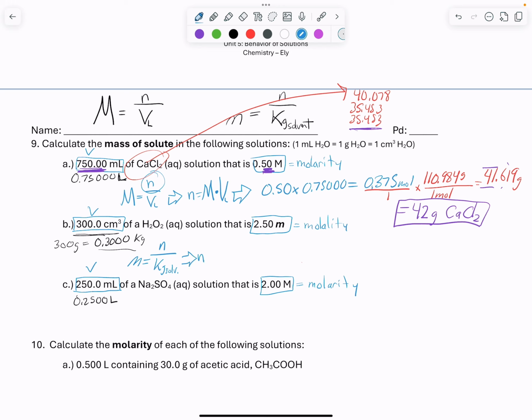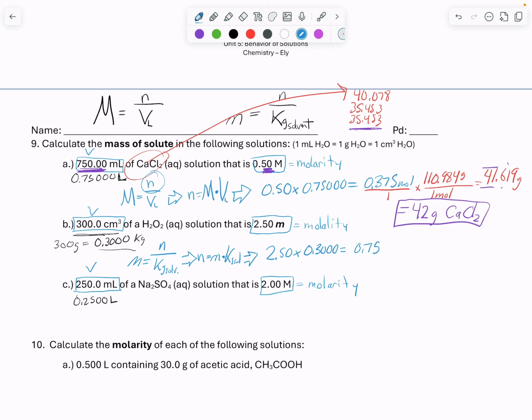So lowercase m times kilograms of solvent is 2.50 times 0.3, so I get 0.75.